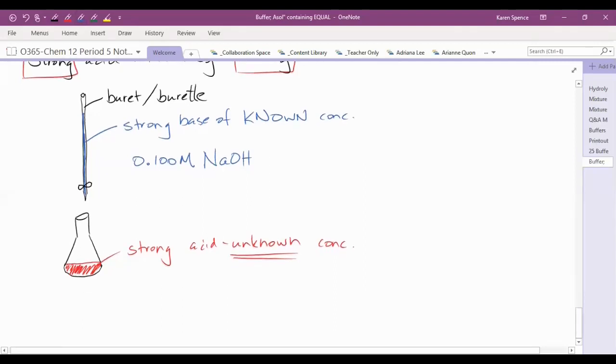Down below, we have our strong acid, which has an unknown concentration. Okay, and let's see. We would have had to put this strong acid sample into our flask somehow. Do you guys remember? We actually want to know the volume though, this strong acid. Okay, so this is of a known volume. Can you think of what piece of equipment we would use to deliver this known volume into the flask?